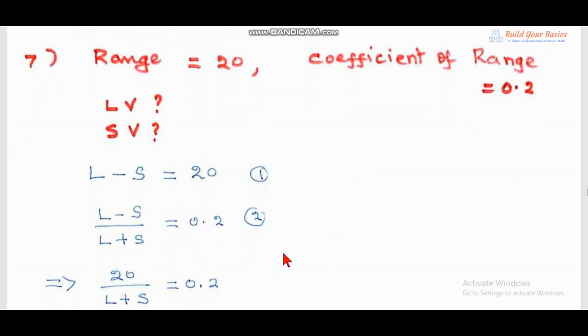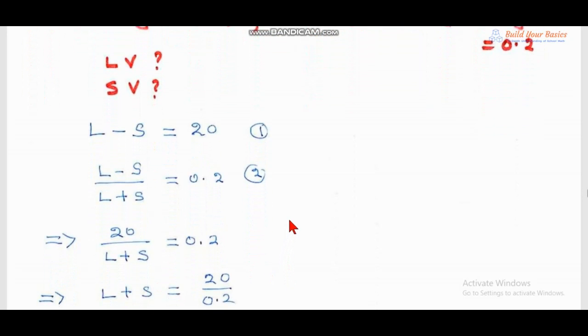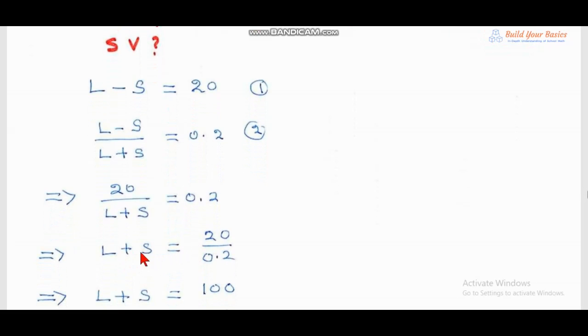Equation 2. Therefore, because L minus S is 20, we can use equation 1 in equation 2: 20 by L plus S equals 0.2. That is L plus S equals 20 by 0.2.